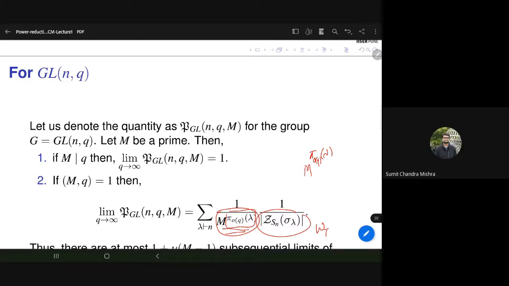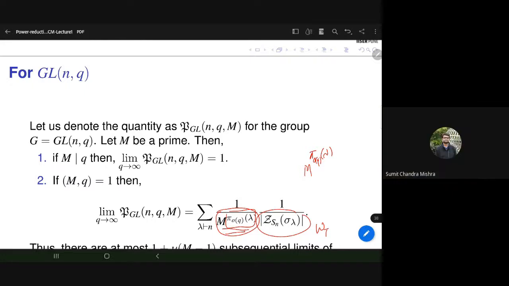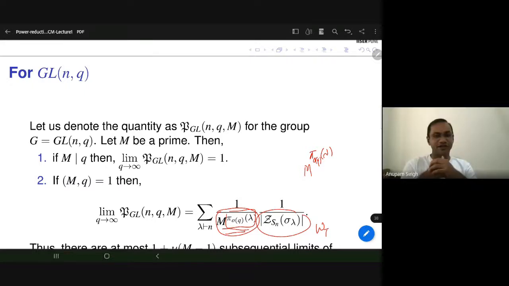So Anupam, suppose for M we don't take all the integers, we just take powers of a fixed prime or something, then is something known? If you take just a power of a prime, there is a neat formula.